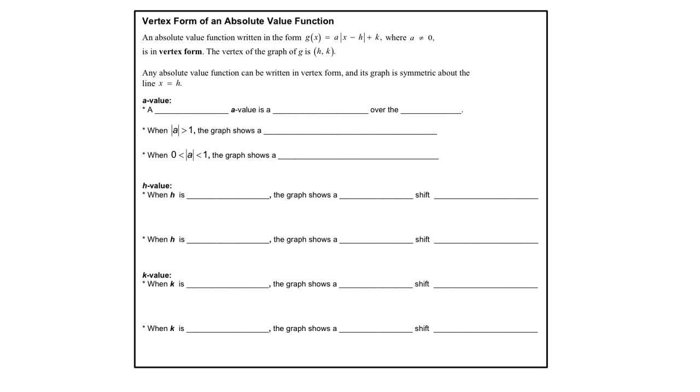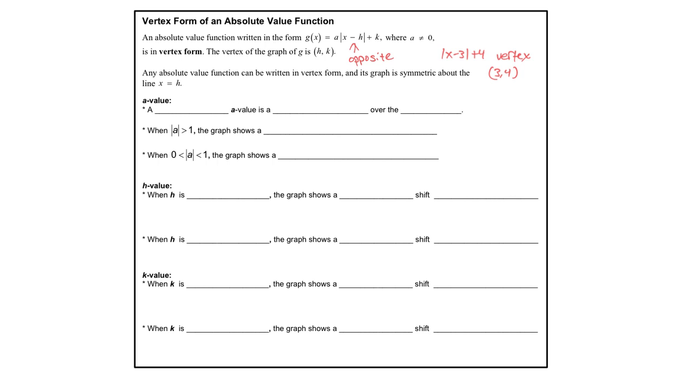So you might want to make a little bit of a note that we are going to look at the opposite of what's there. So for example, if I had x minus 3 plus 4, the vertex in this situation would be 3 comma 4 because it's the opposite.